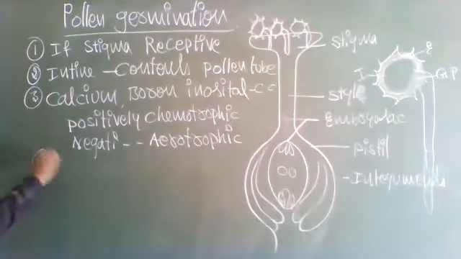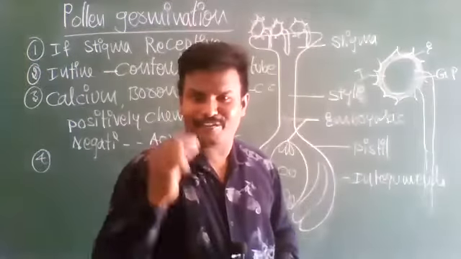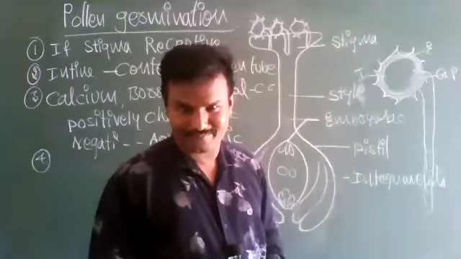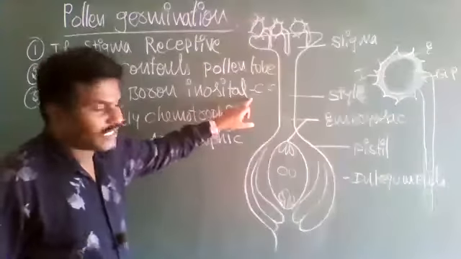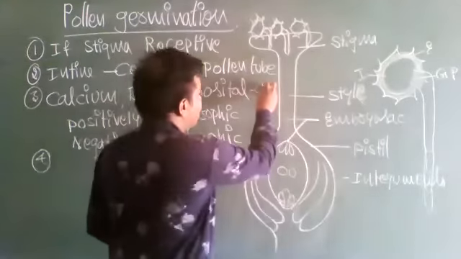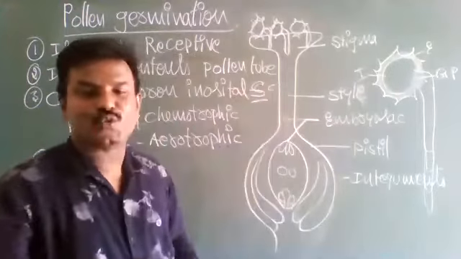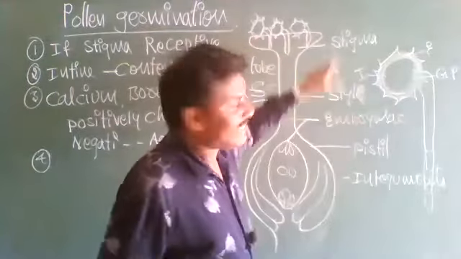Next, you see, generally this stigma secretes a kind of sucrose solution. See here, calcium, boron, inositol, sugar complex. Here, this is the sugar complex. So sugar means sucrose. Sucrose is secreted by the stigma.